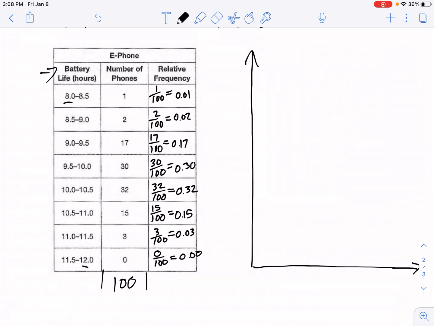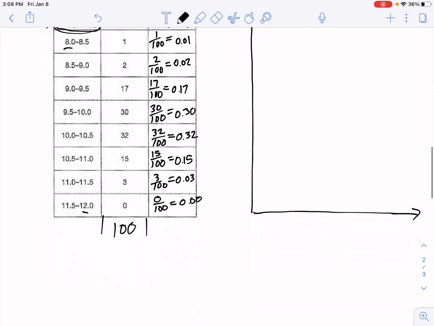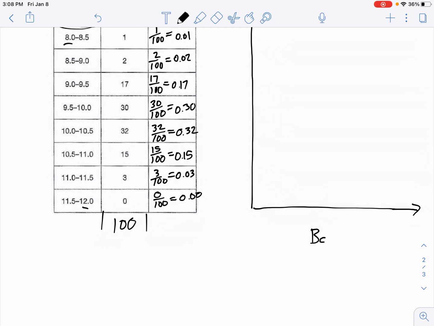We have an x-axis and a y-axis. And then from there, we want to label the x-axis in terms of the actual battery life. That's what we're going to be representing here in terms of the relative frequency, the battery life in hours. So on the x-axis, we're going to put battery life, in terms of hours.